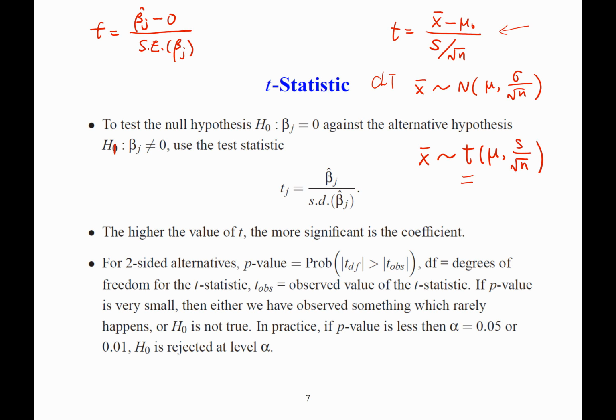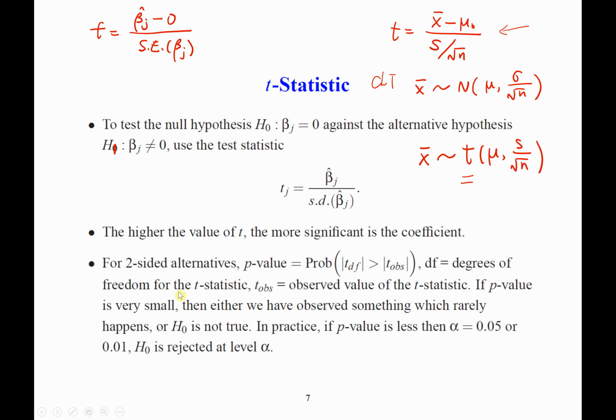So the p-value approach: the probability that a t distribution with the given degrees of freedom is greater than the area beyond the observed t statistic. This is the observed value: if we use beta j divided by the standard deviation of beta j, this is our t observation.